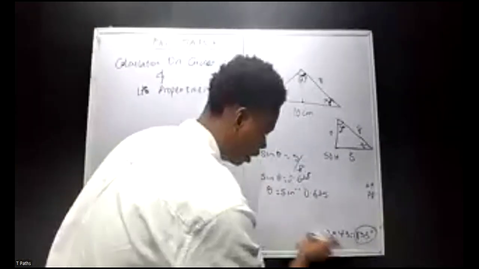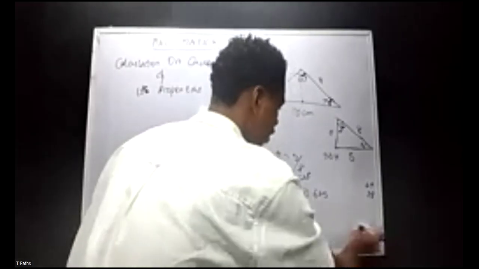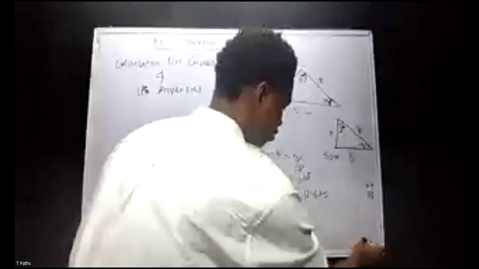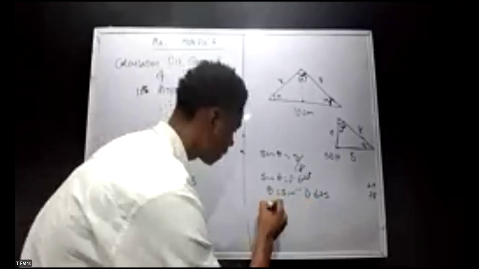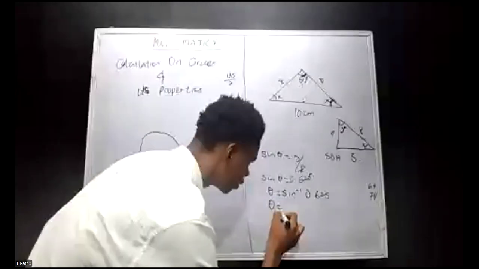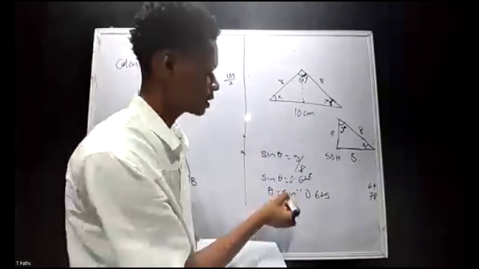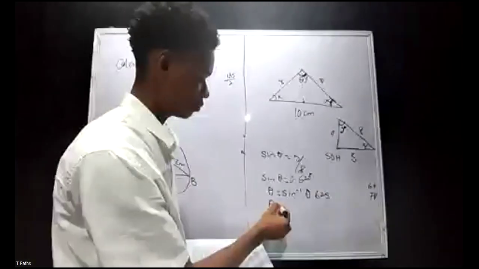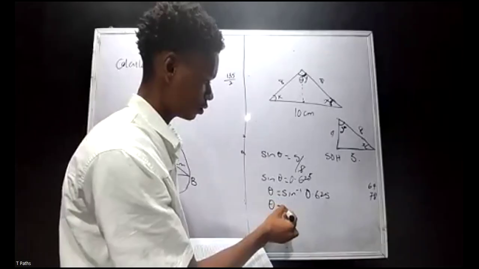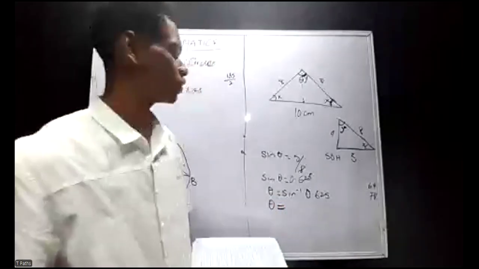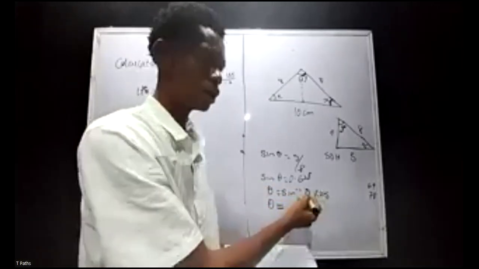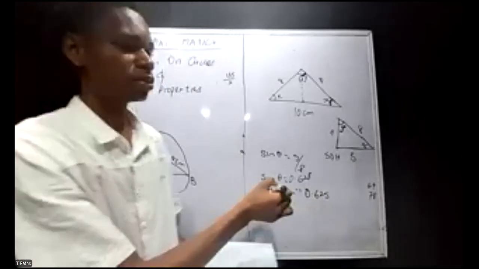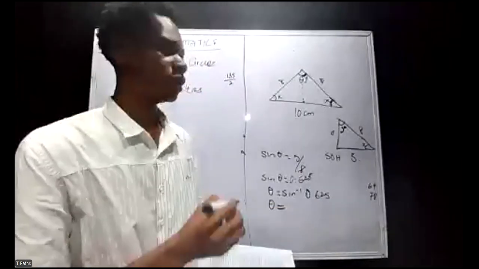The sine inverse of 0.625 won't give you a decimal like 0.6665.